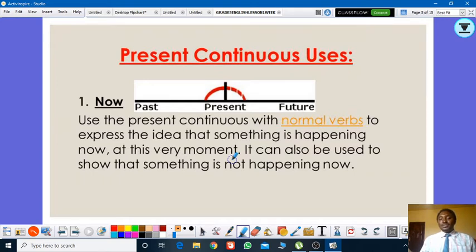As you can see from this diagram, there is a line, then there's a bar at the center. The center represents the present, on our left represents the past, and on our right represents the future. Now the first use is, as indicated, now.